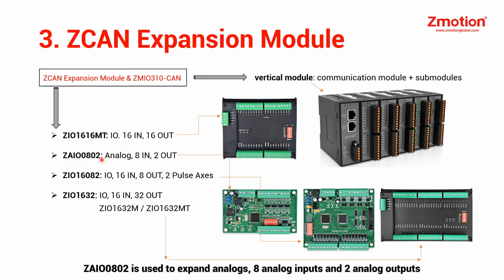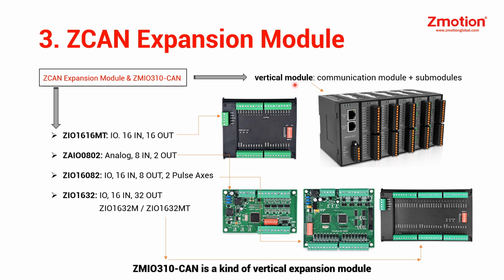ZAIO0802 is used to expand analogs, 8 analog inputs and 2 analog outputs. ZIO16082 is used to expand digital I/O and pulse access. That is 16 inputs, 8 outputs, and 2 pulse access. ZIO1632 means 16 digital inputs and 32 digital outputs. If it is MT, which means the cover is broad.